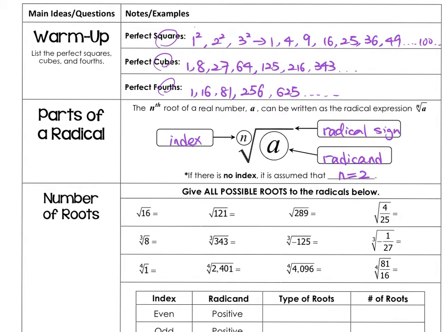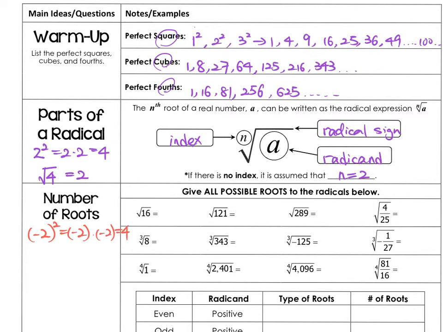Now, the radical sign undoes the perfect square. What do I mean by that? If I have 2 times 2 equals 4, right? So if I put 4 under the radical sign, square root of 4 should equal 2. Also notice that negative 2 times negative 2, negative 2 squared, is also 4.